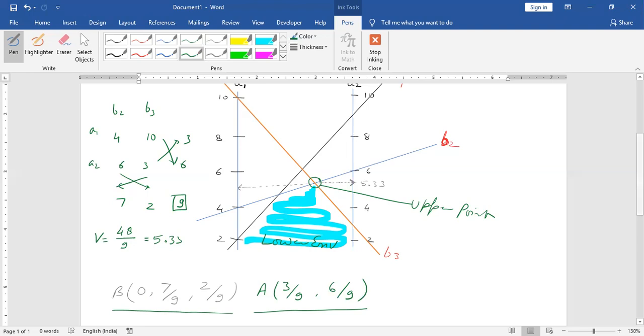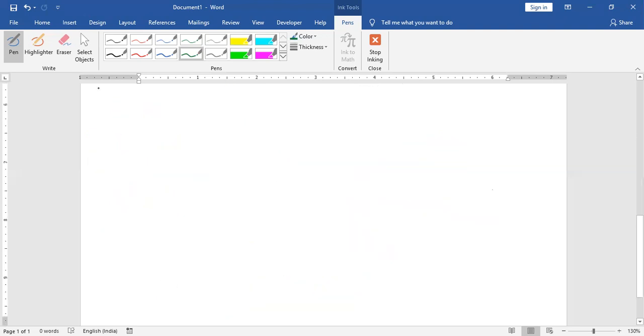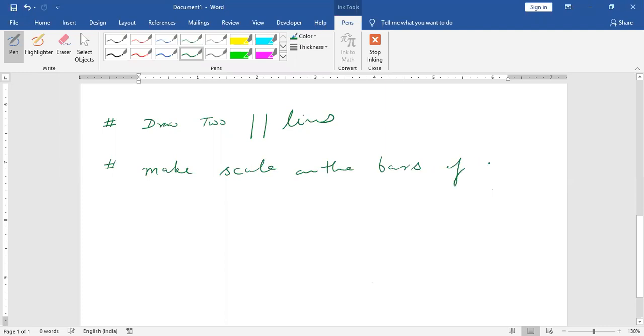I will make a note on it. Number one, draw two parallel lines. Then make a scale on the basis of maximum and minimum value.